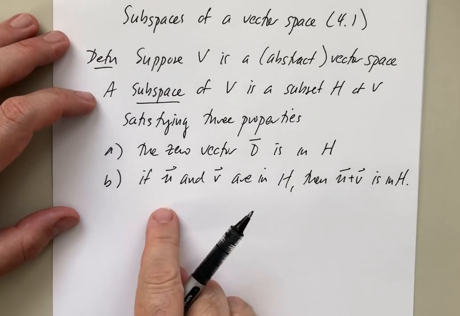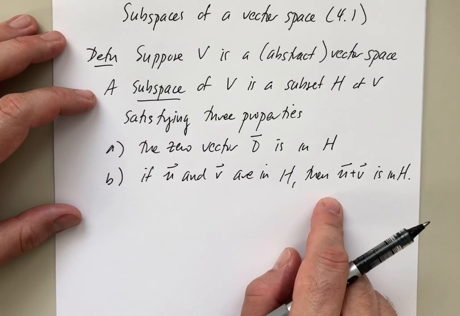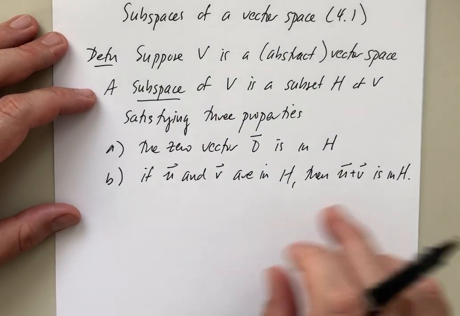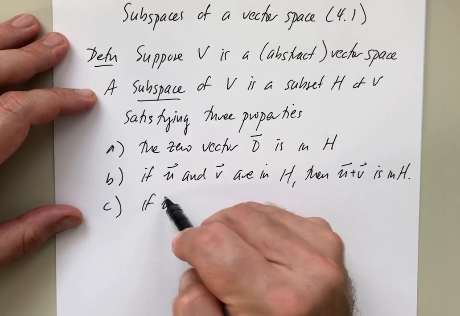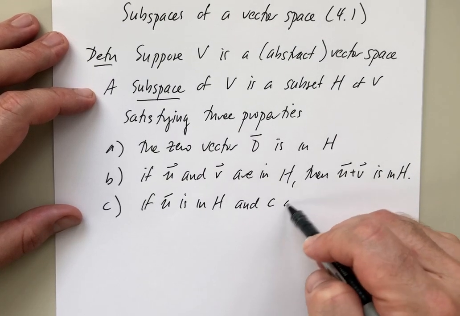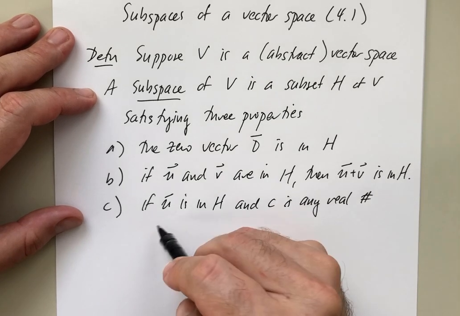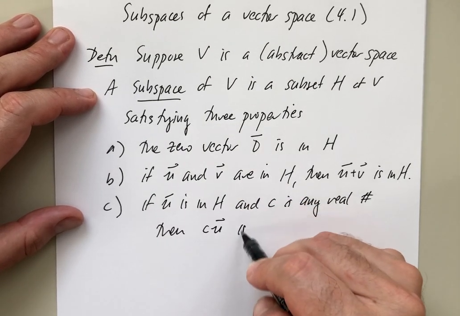So this is sometimes called closed under addition. If you take 2 vectors that are in H, the sum we know is going to be a vector in V because V has this addition rule, but we want it to stay in H. And then finally, if u is in H and c is any real number, then cu is in H.